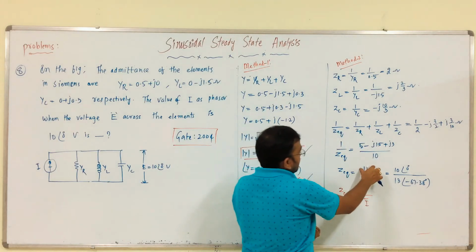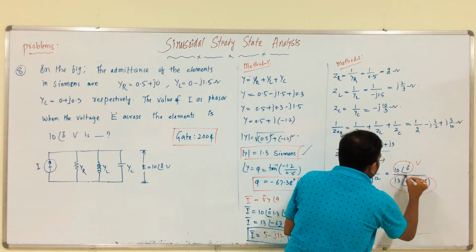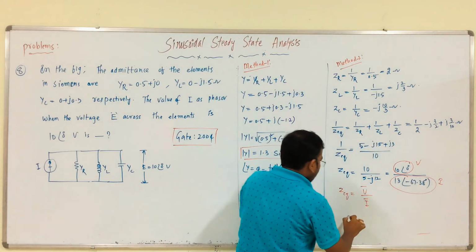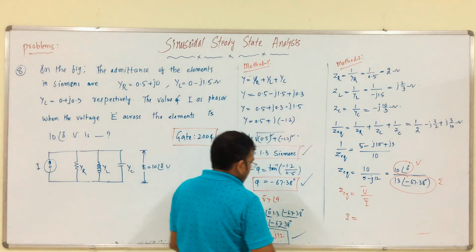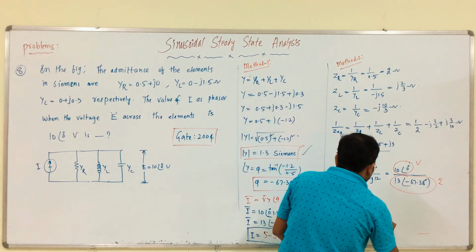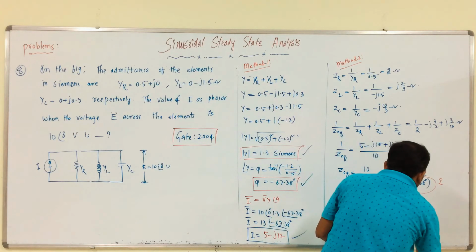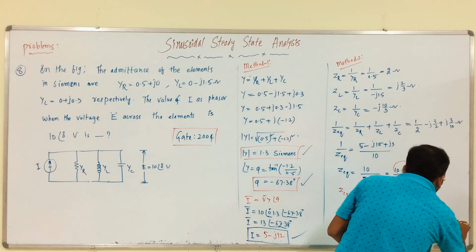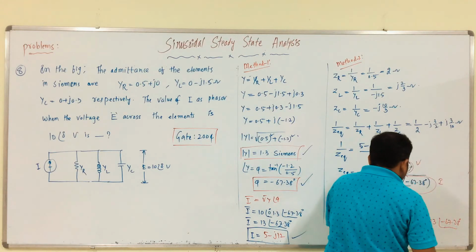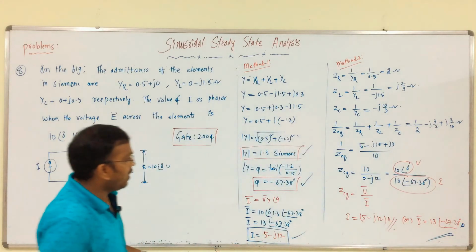See, this is V, this is I. So from this I is equal to 5 minus j12 amps, or I is 13 at an angle of minus 67.38. This is also correct. Okay, this is about the answer.